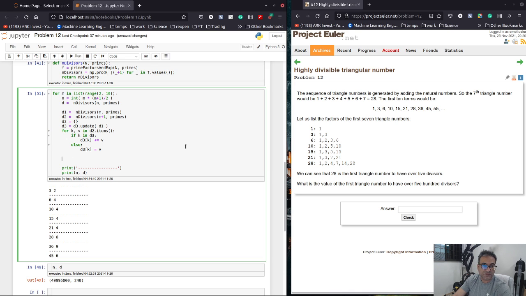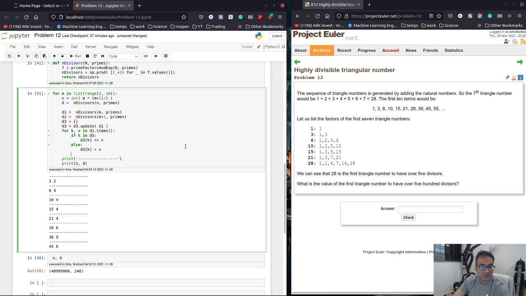And so d3 should be exactly the same as that. Find number of divisors, which is already the product.